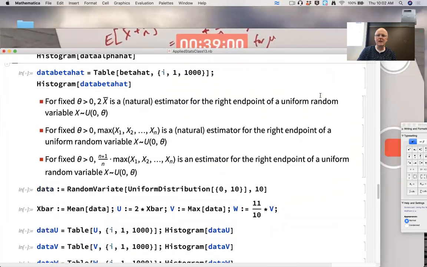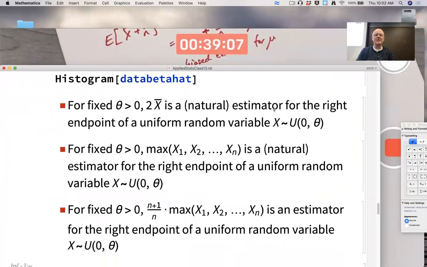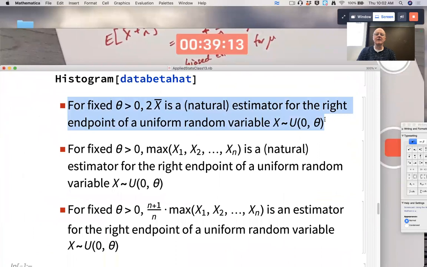Here are some facts that we mentioned 2 or 3 weeks ago. For fixed theta bigger than 0, remember this, 2 times x bar, 2 times the mean, is a natural estimator for the right endpoint of a uniform distribution from 0 to theta.